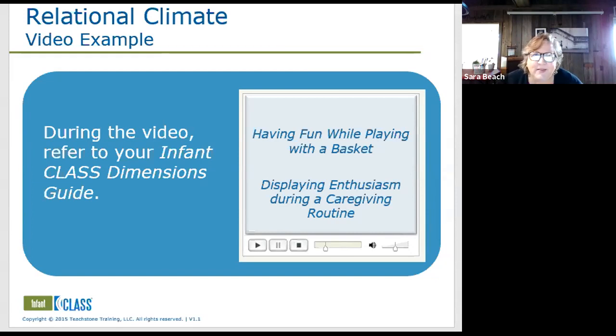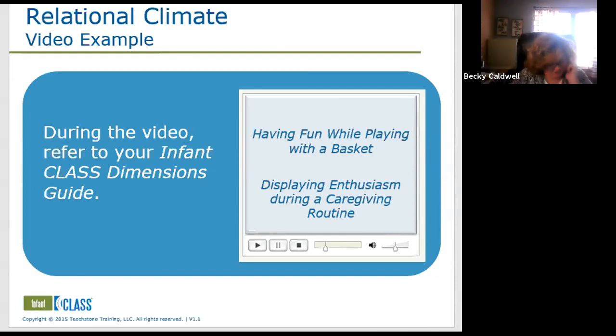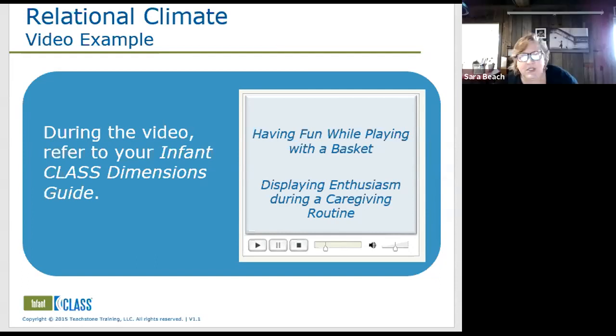Did she have a calm voice? Absolutely, right? You can give a thumbs up if you don't want to call it out. Did she use a gentle approach? Yes, absolutely. Was she communicating her intentions and what she was doing to the baby, communicating what she was doing while she was doing it?